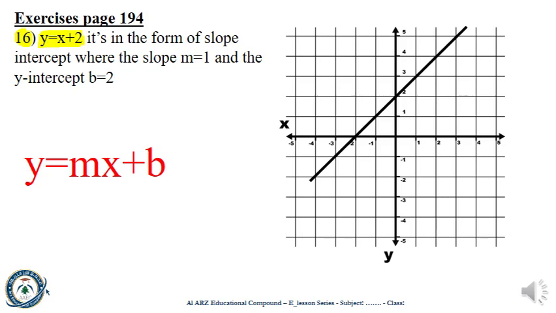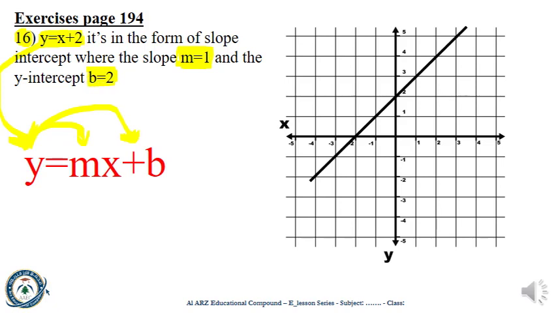It's y equals x plus 2, so it's in the form of y equals mx plus b, because y is isolated on the left and it's equal to something times x plus another number. The number multiplying x, as I said before, is the slope. In this case, m is equal to 1, and the other number, which is the y-intercept, is equal to 2.